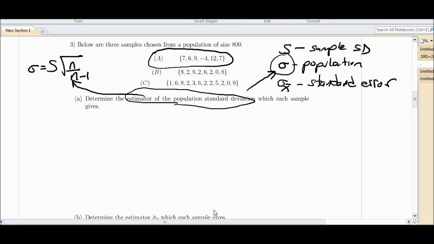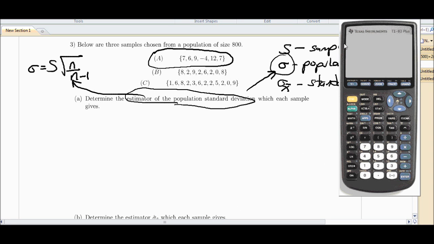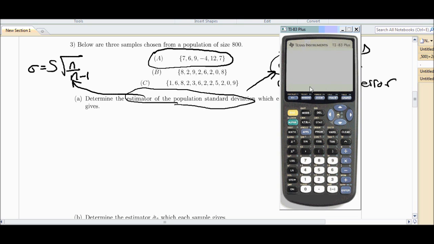Right now I have my calculator set up so that we can figure this out quickly. So I have the numbers already in the list, and then I'll just generate the information. Okay. So my mean is 6.1666 and so on, and then this is my standard deviation.